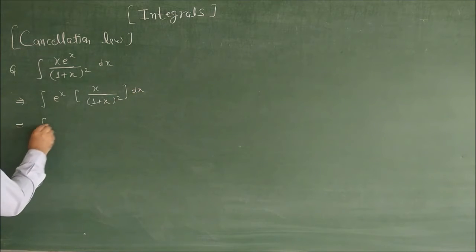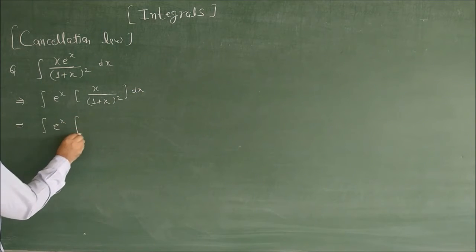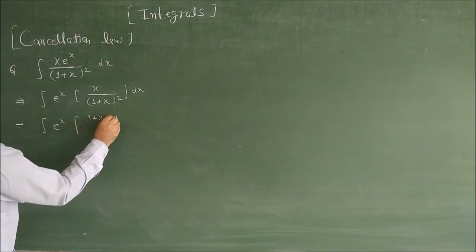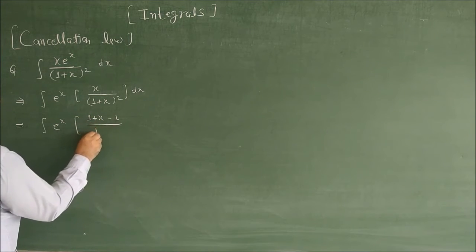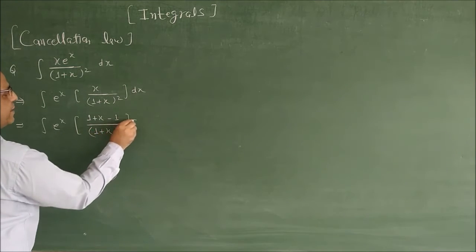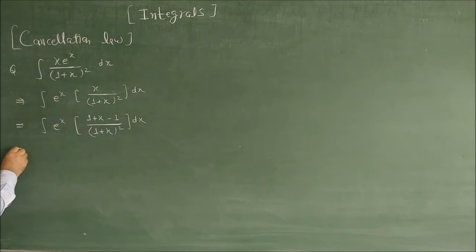Now the integral of e to the power x, this can be written as (1 plus x minus 1) upon (1 plus x) whole square dx.